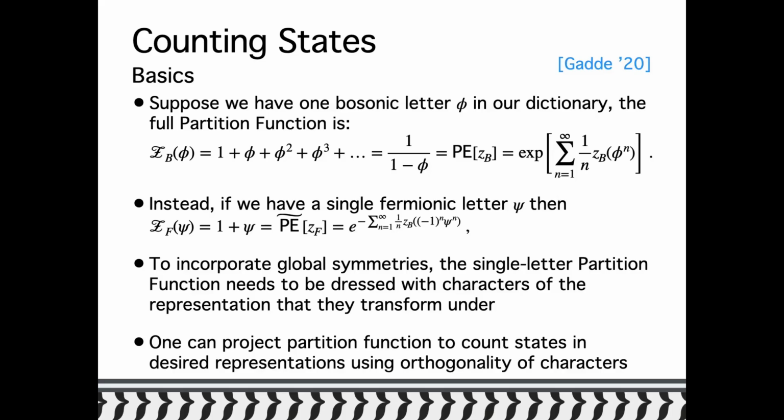The reason you do this is because now you can plug everything into your plethystic exponential and generate a huge partition function with all of these character variables involved. But at the end of the day, you can use character orthogonality to project onto the specific symmetry sectors that you're interested in. So that's why it's useful to use these characters to keep track of global symmetries.